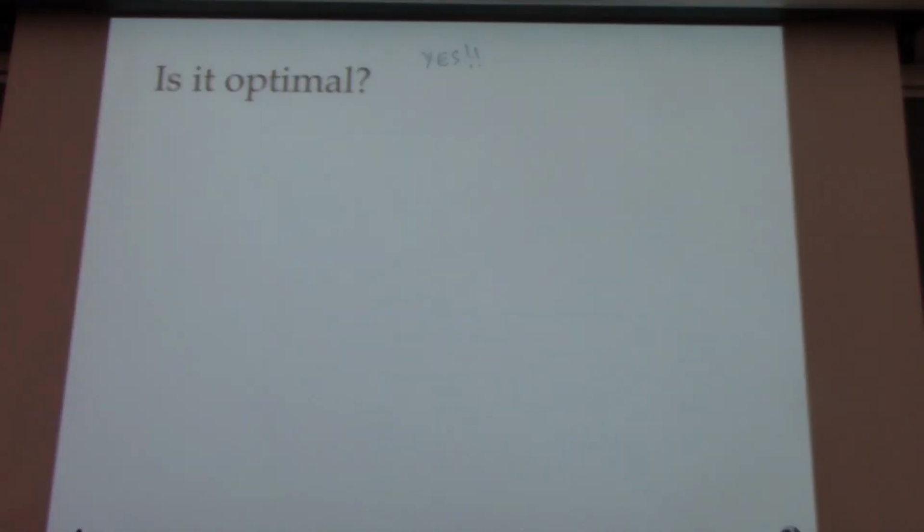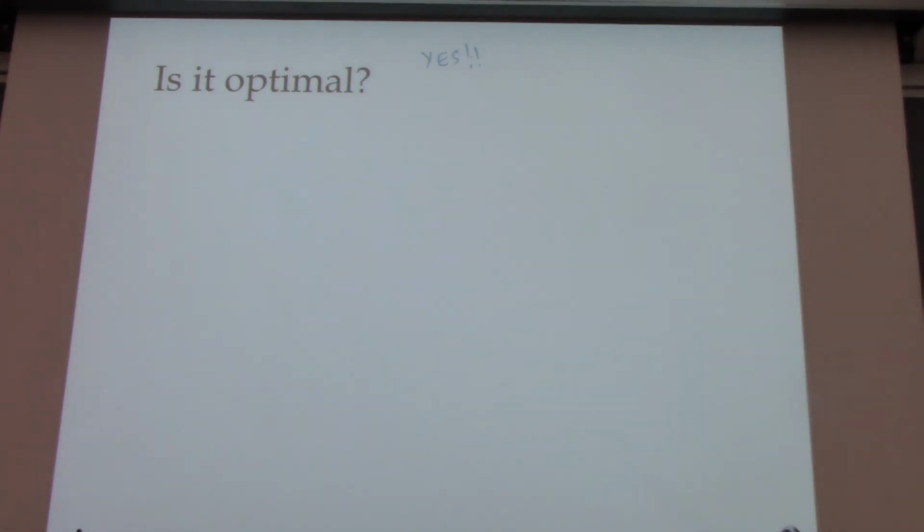And so now the question is why? How would you show that there is no better schedule? If you assume that there is a different schedule, a contradiction. So this is one thing.